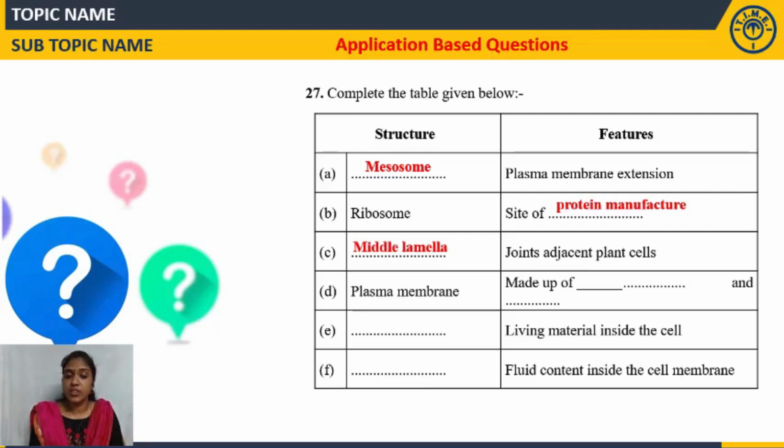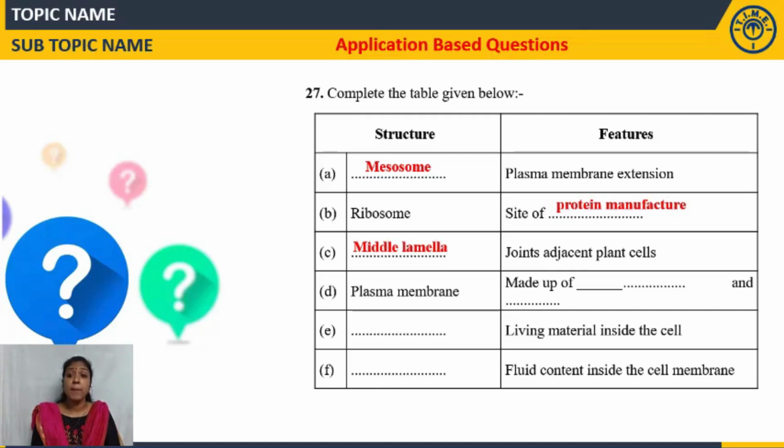Then D, plasma membrane. Plasma membrane made of dash and dash. So, a cell wall is made up of cellulose in plant cell. A cell wall is made up of peptidoglycan in bacterial cells. And plasma membrane, they are made of what? Lipids and proteins. They have a bilipid layer.